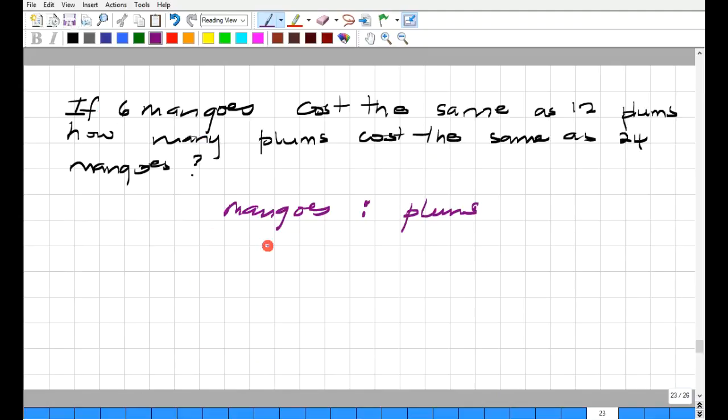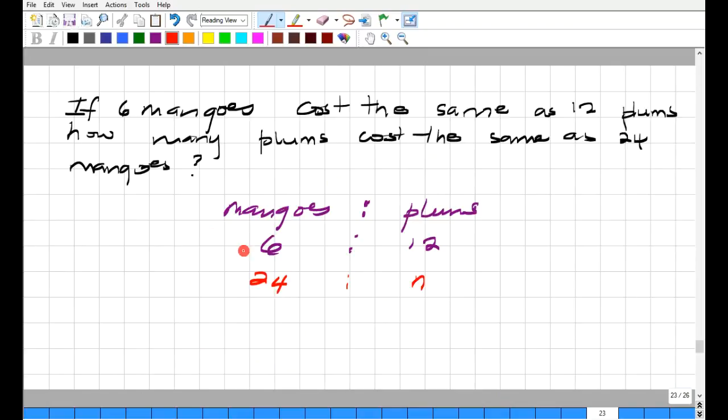So 6 mangoes, 6 to 12. And then we need to find out how many plums. This is where our question is. In this case, let's use n. How many plums are the same as 24 mangoes?